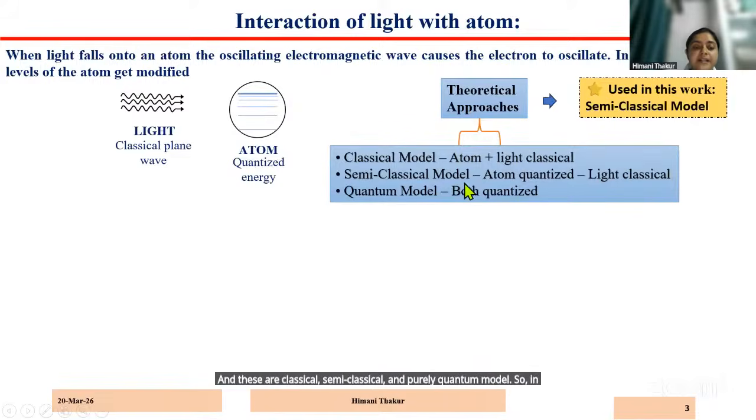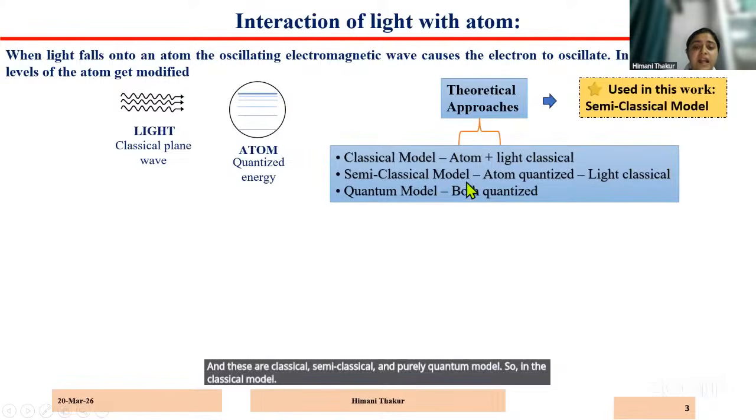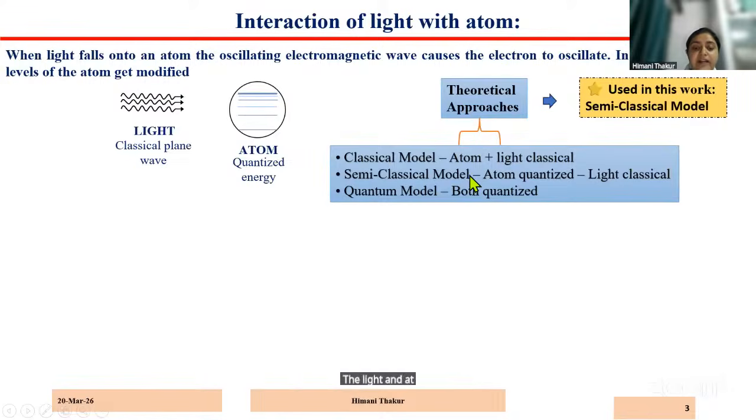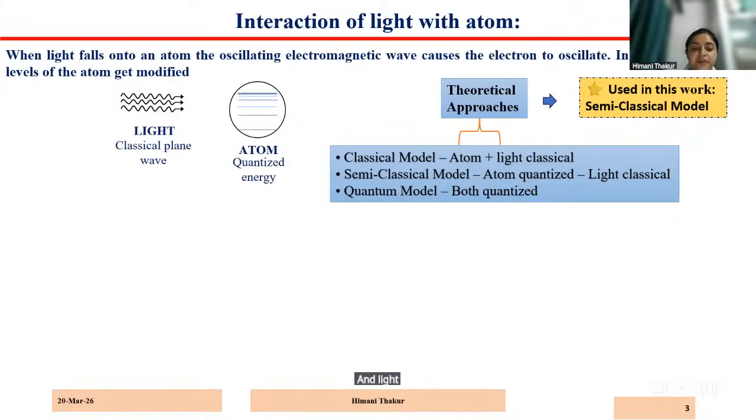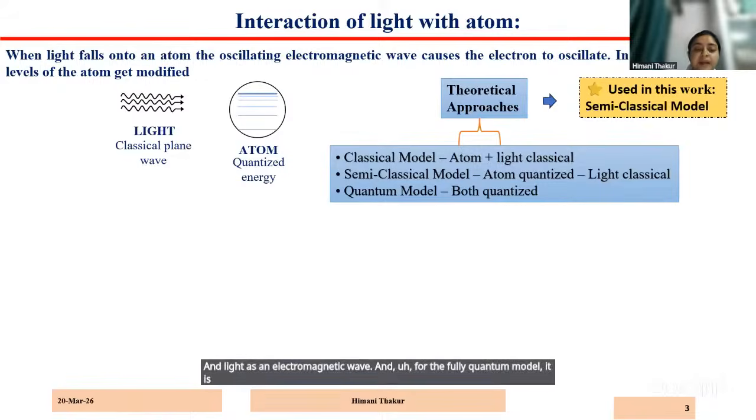In the classical model, the light and atom are conceived as electromagnetic waves. In the semi-classical model, atoms are treated as quantized and light as an electromagnetic wave. For the fully quantum model, quantum mechanics is applied to both atom and light. In my work, I use the semi-classical model due to its ease in modeling the experimental conditions.